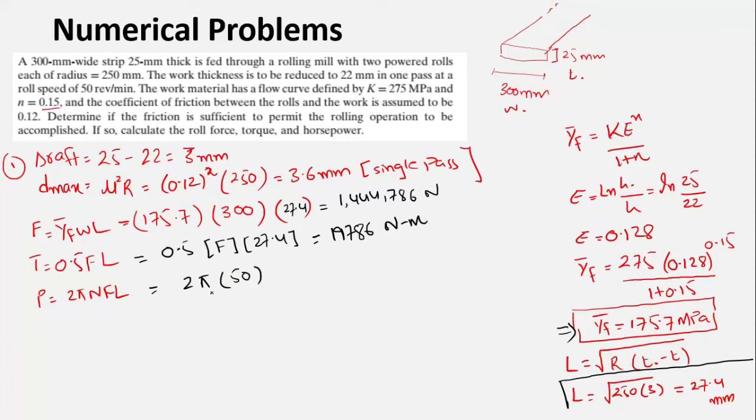So 2 pi into n into the force, 1,444,786, into the contact length, that is 27.4, right? So we will have the value of power, that is equal to 12 into 432 into 0.86 Newton meter per minute.